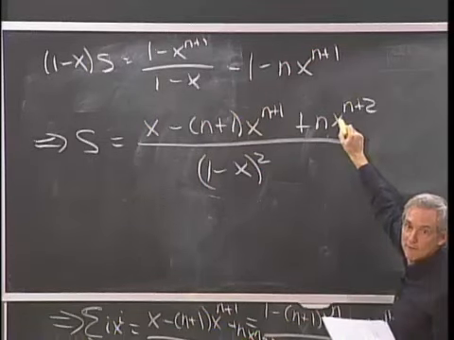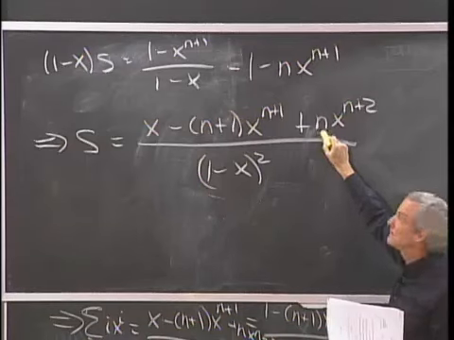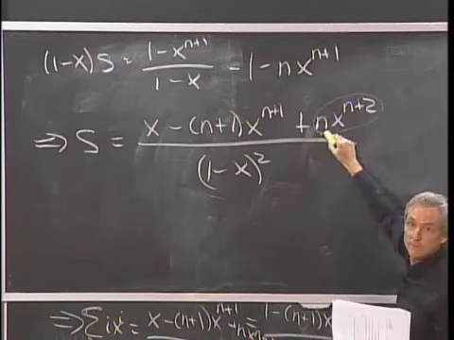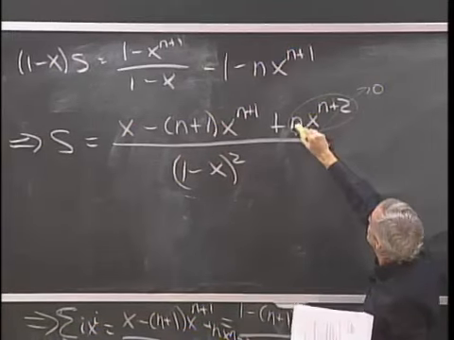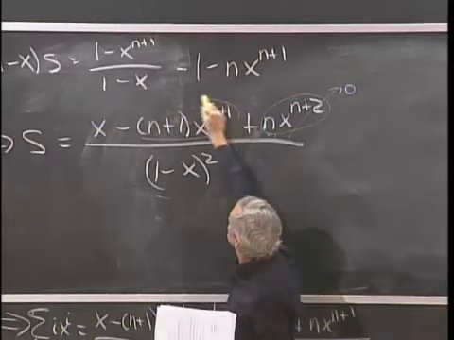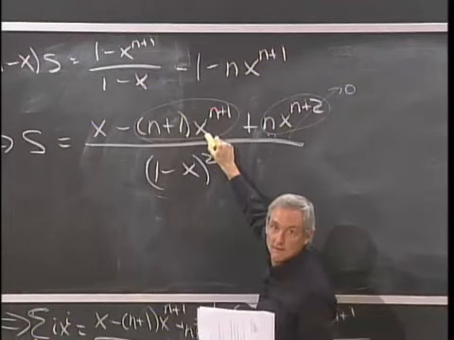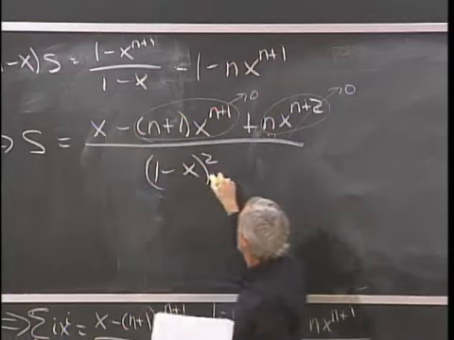X is less than 1 in absolute value. What happens to this term as n goes to infinity? It goes to 0, right? This gets big, but this gets smaller faster. What happens to this term as n goes to infinity? Same thing, 0. All I'm left with is x over (1 minus x) squared.